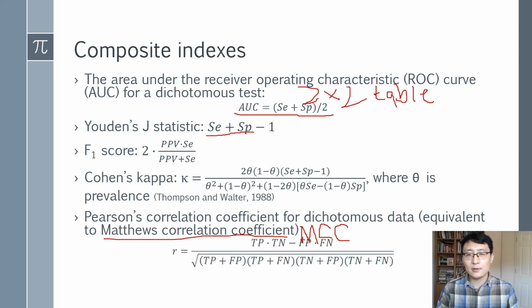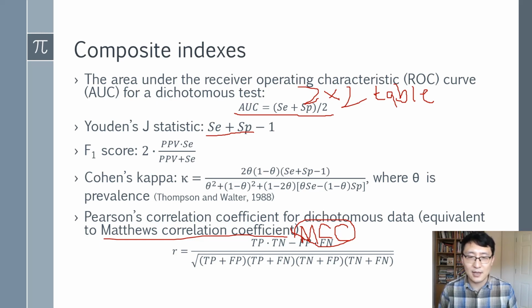The formula for MCC can be expressed using true positive, true negative, false positive, and false negative. If you want, you can also express this formula using sensitivity, specificity, PPV, etc., but the formula will be more complicated.